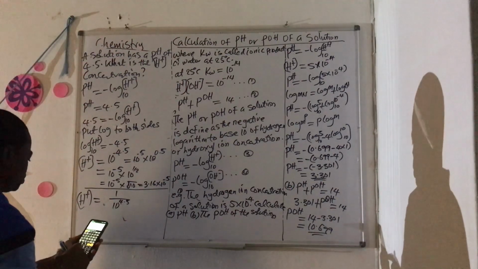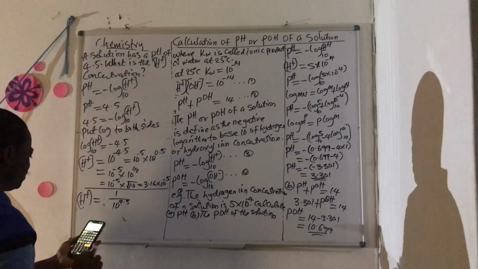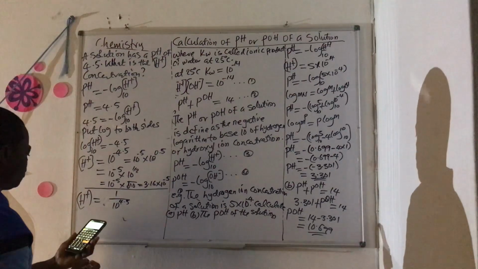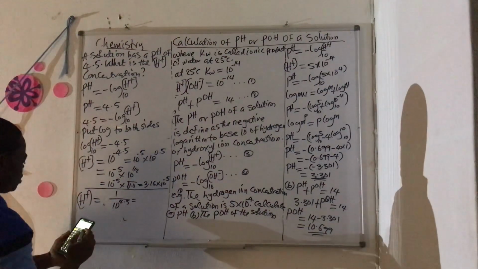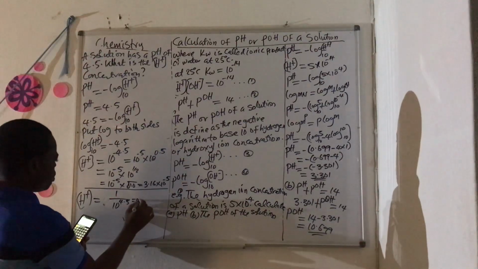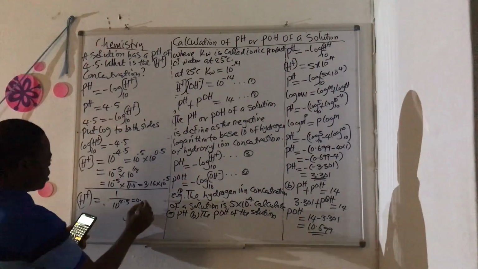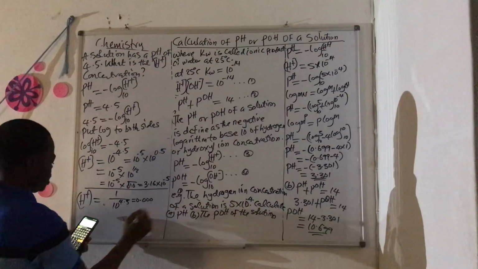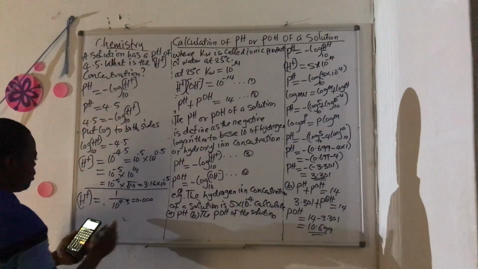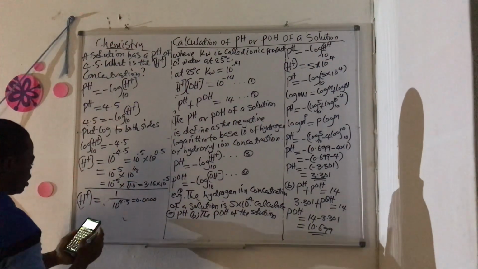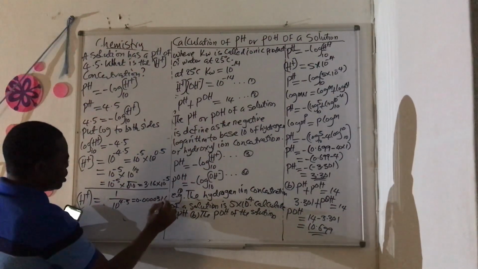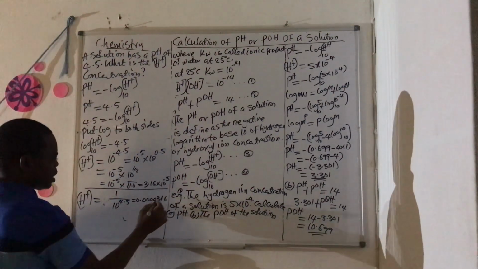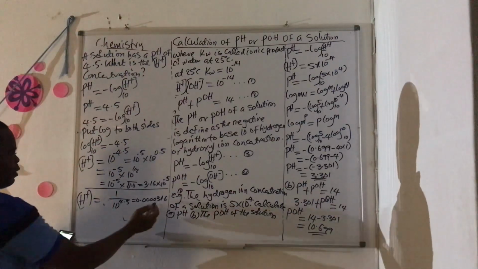Look at the answer I have there: I have 0 point, 4 zeros, and the value that follows is 316. And this 316 I just approximated to 3 significant figures.